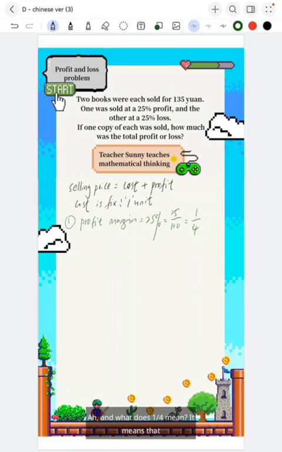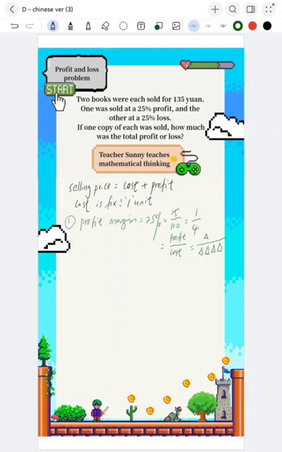In simple terms, based on the cost, where the base unit is 1, it generated one portion of profit, and the total cost constitutes 4 portions. So we can express this as follows: one part is profit, the cost is 4 parts. You can understand that, right?